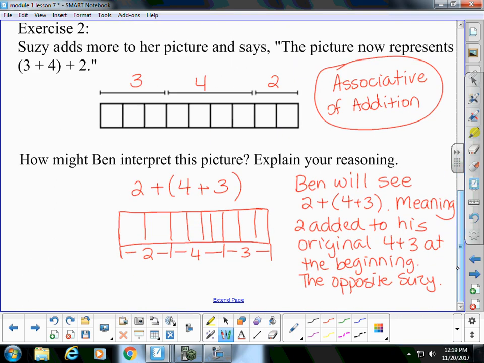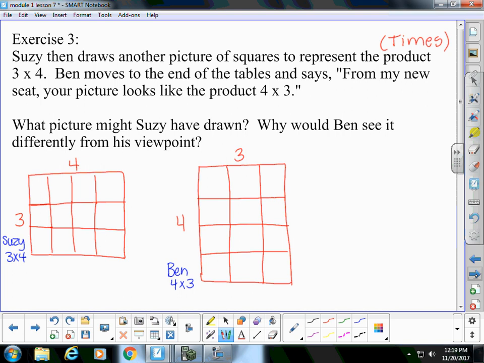Let's see, the third example, when we did the multiplication bricks. This one was the example of the commutative property of multiplication. A little bit on spelling that one.